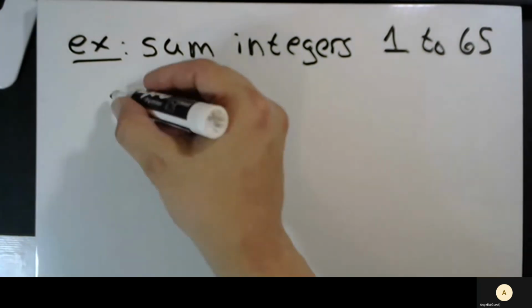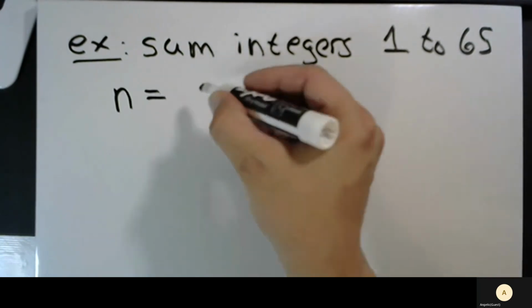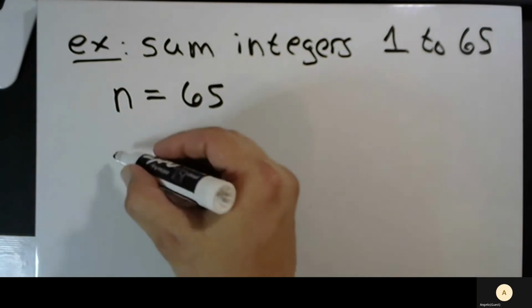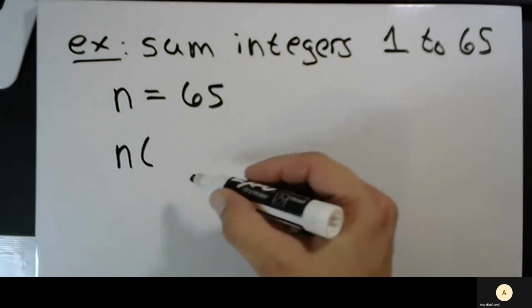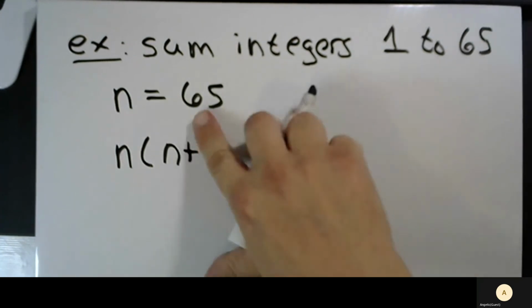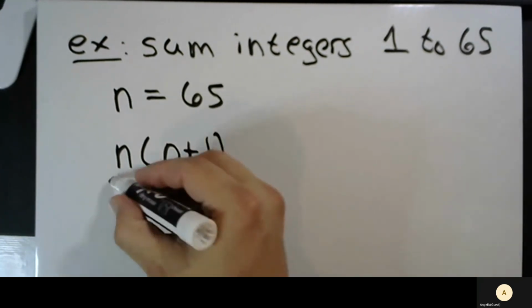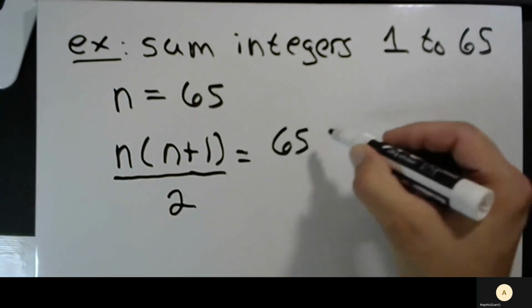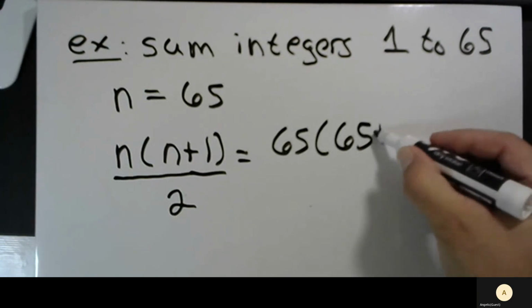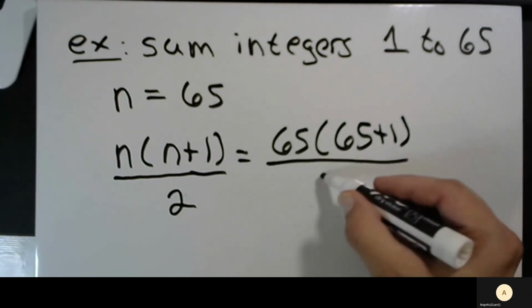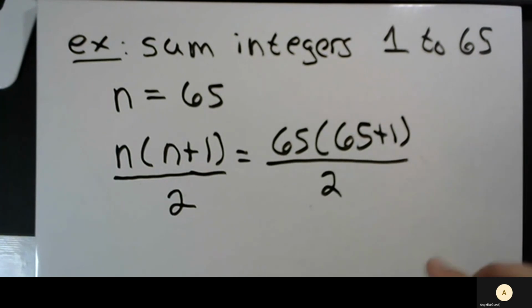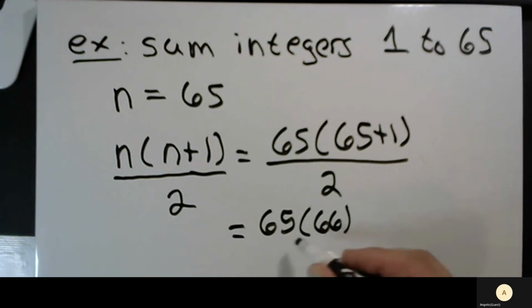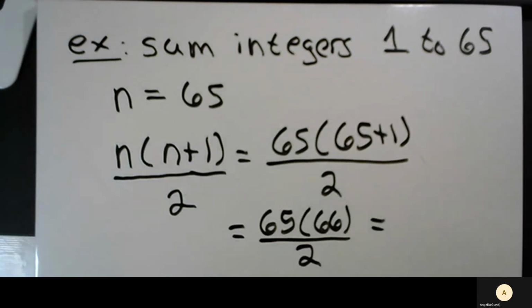So what you could do in this case, n is going to be 65. So the sum, n times n plus 1, divided by 2, will be 65 times 65 plus 1, divided by 2, or 65 times 66 divided by 2.